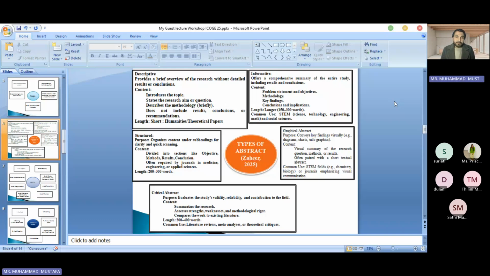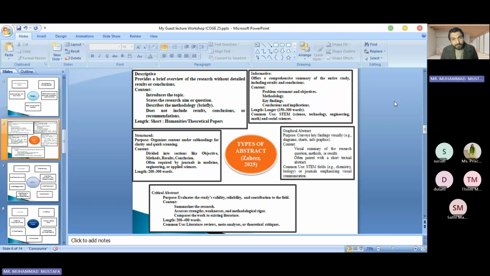The next type of abstract is called structured, though there is also a type of abstract that is unstructured. I have just not mentioned it here. So structured is the one mentioned here. A structured abstract's purpose is to organize the contents under subheadings. That is the difference. In such types of abstracts, subheadings are given.